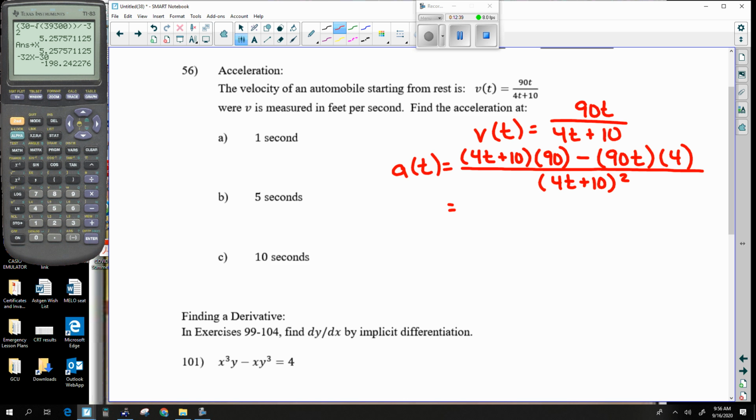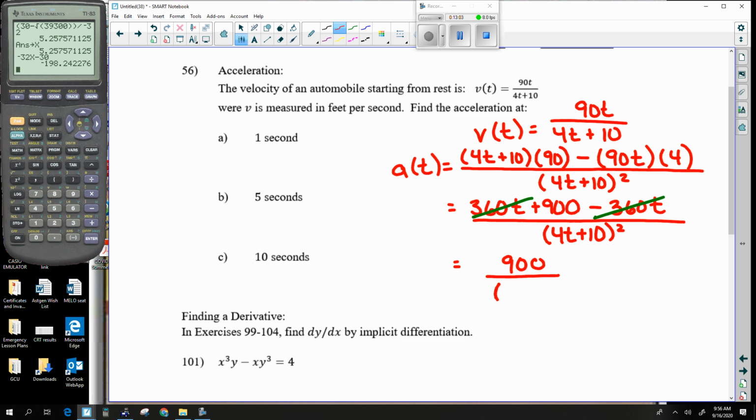So this is 360t plus 900 minus 360t all over 4t plus 10 squared, obviously a simplification, and so thus the acceleration is 900 over 4t plus 10 squared. Okay, so that's the acceleration, the derivative of velocity.